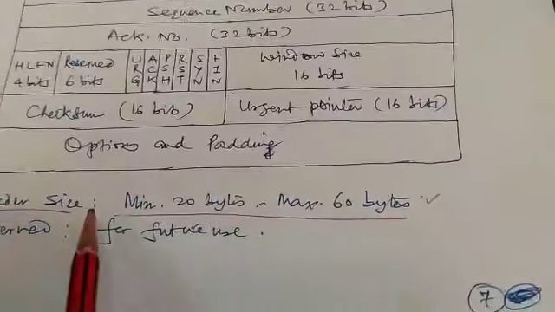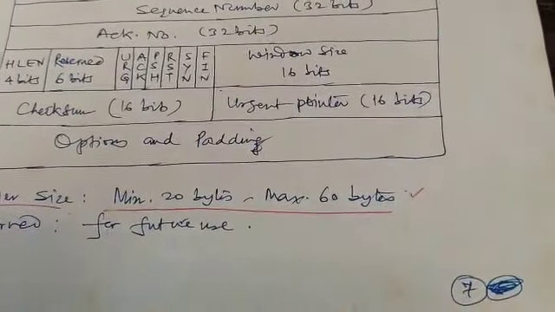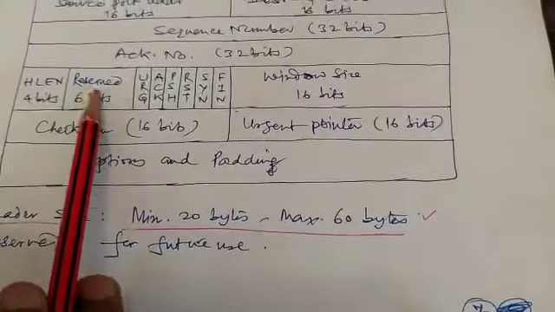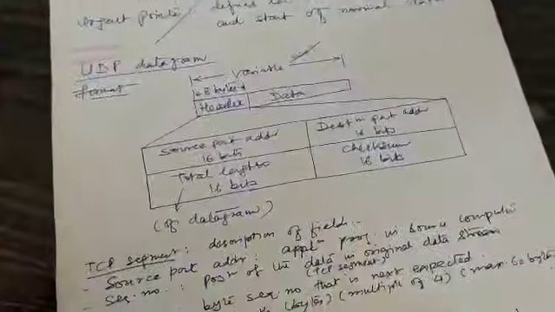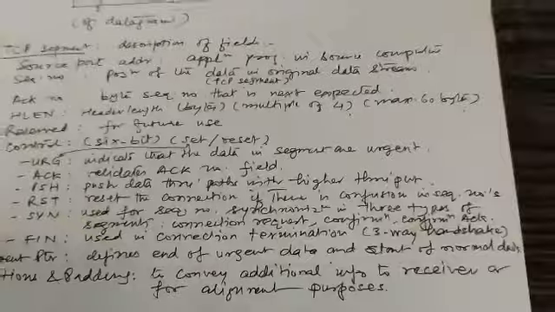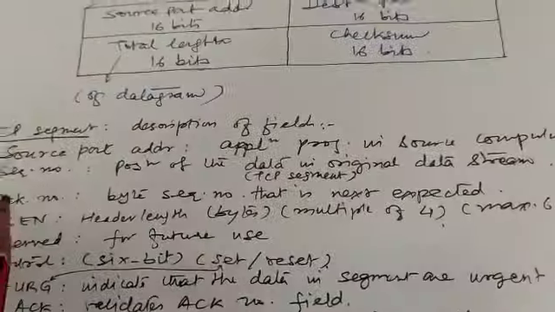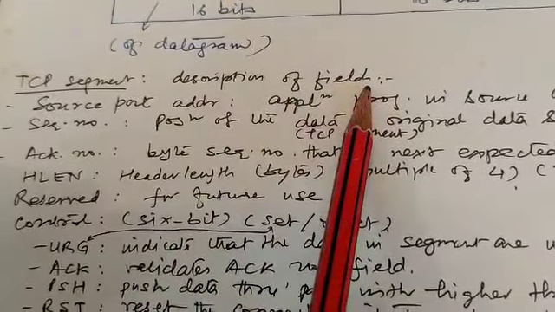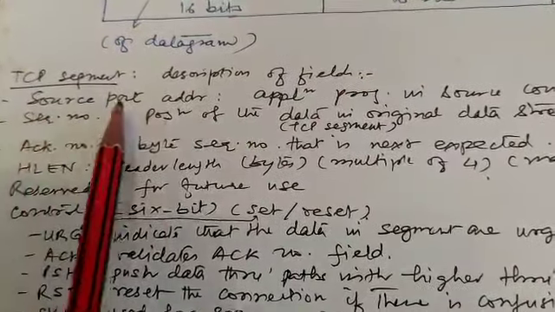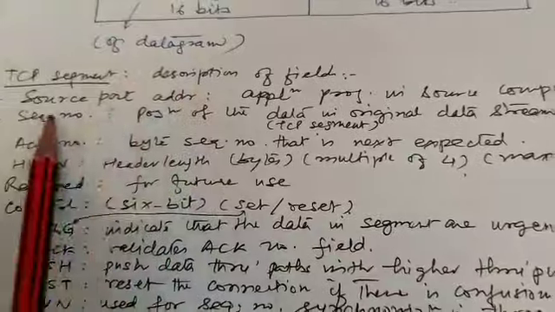We can see the header size is minimum 20 bytes, maximum 60 bytes, and reserved field is used for the future use. We can further explore these various fields in some details. We can see in the TCP segment description of fields. The first one is the source port address. What is the source port address?